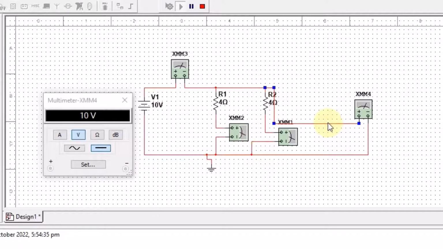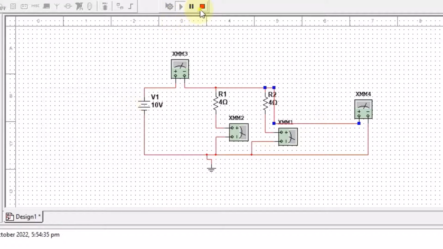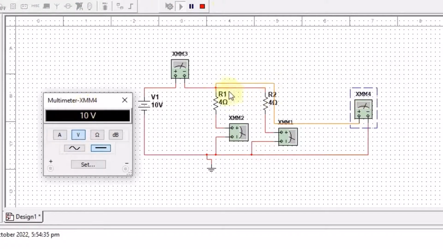Similarly, now let me delete this and connect it with this point, and I will see that both of these are in parallel with each other. So in parallel, voltage remains the same. Running it and pressing over it, I will see that the voltage across resistor R1 is also 10 volts, R2 is also 10 volts, and this is also the source voltage to which the two resistors are connected in parallel.